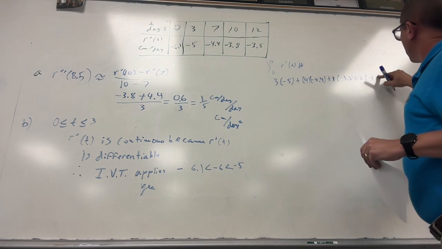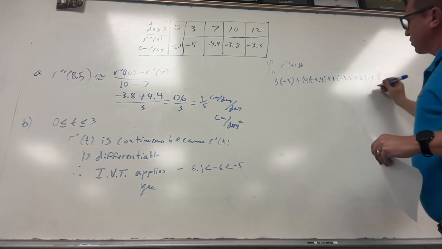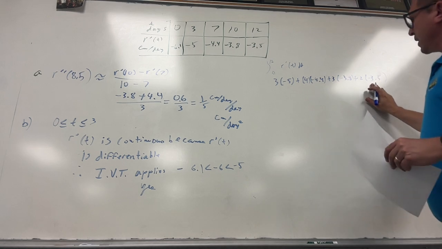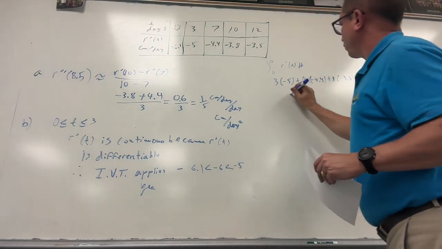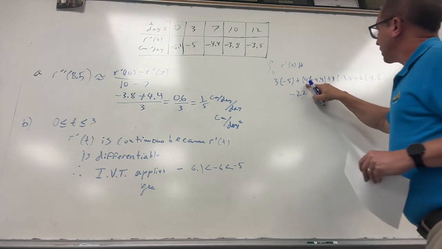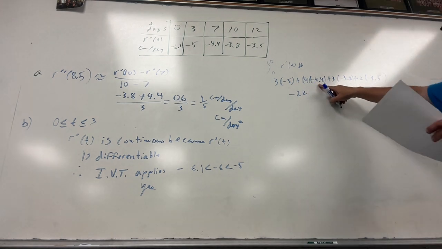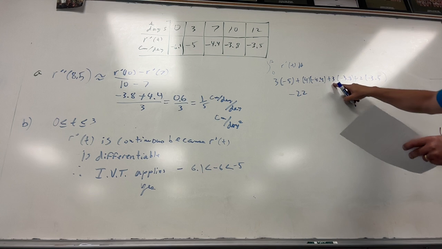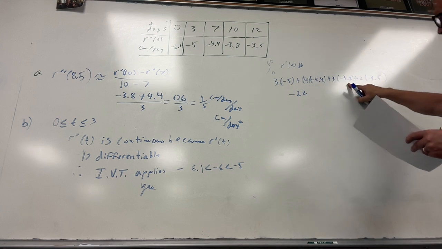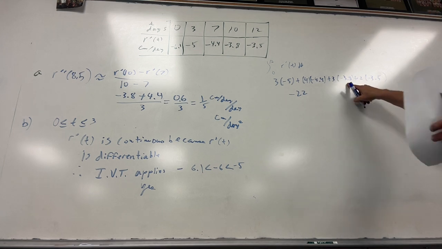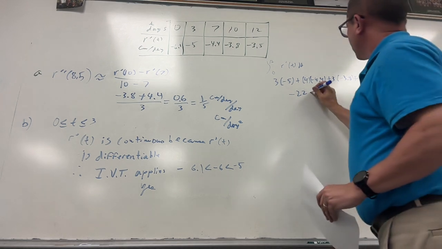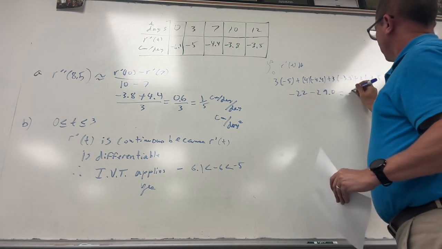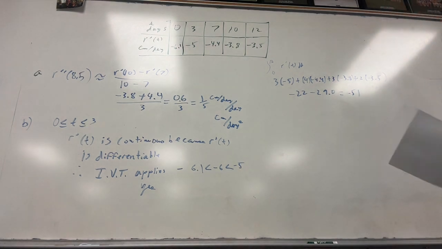From all of this, this would be negative 15 and negative 7, which would give us negative 22. And here we get negative 17.6 and negative 11.4, and that would give us negative 29. So that would yield negative 51 as our solution.